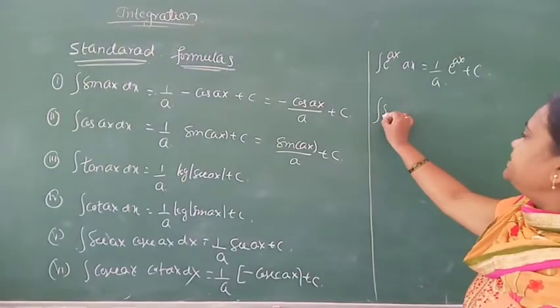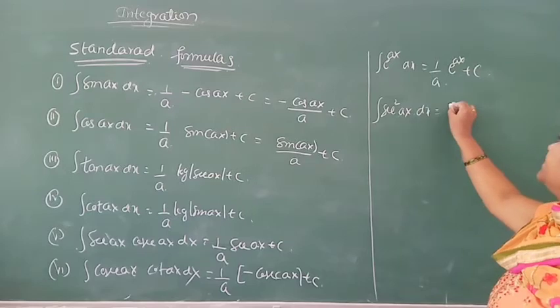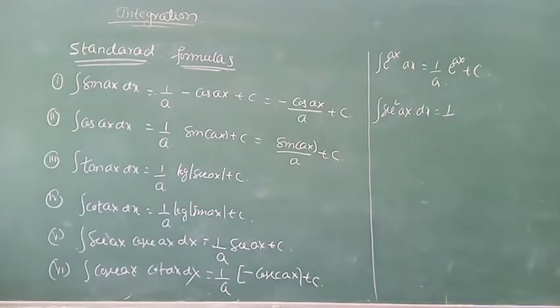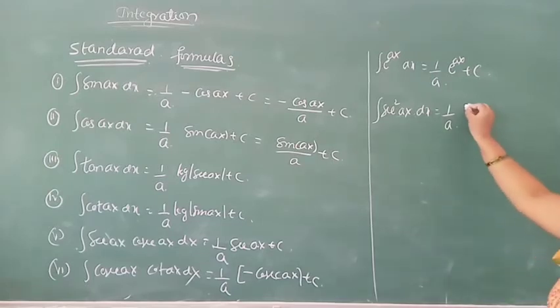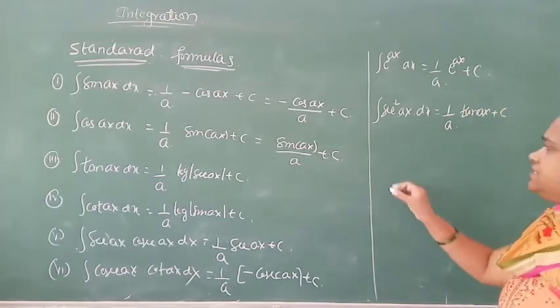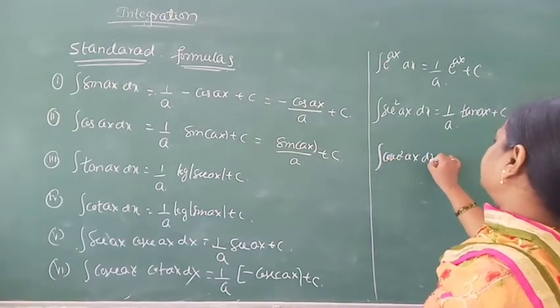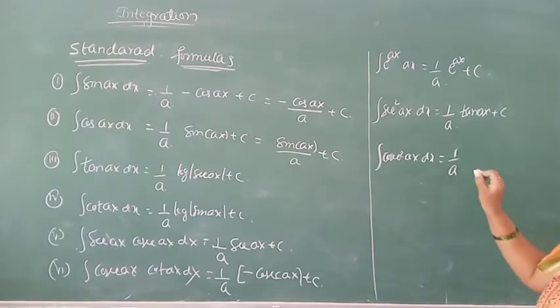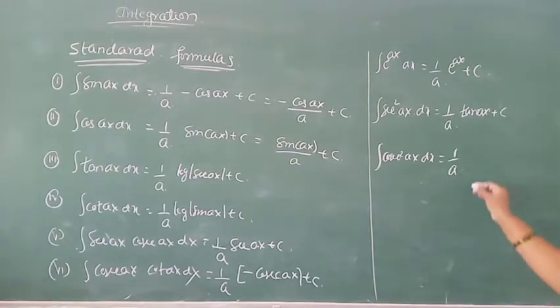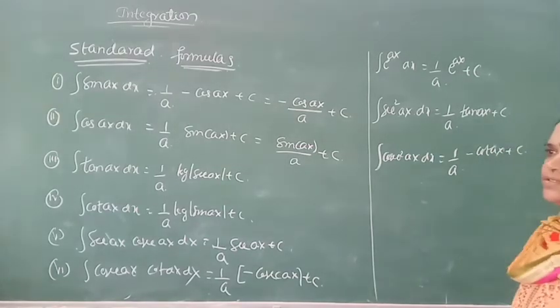Integration of secant square ax dx: again the angle is multiplied by constant a, therefore 1 by a. Secant square integration is tan ax plus c. Next, integration of cosec square ax dx. Again multiplied by 1 by a, cosec square gives minus cot ax plus c.